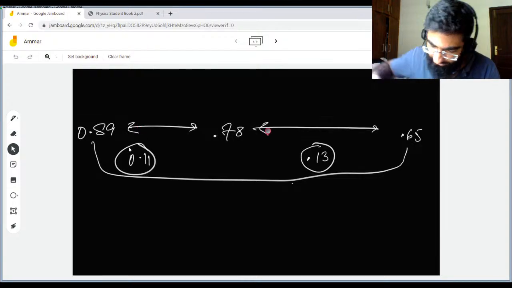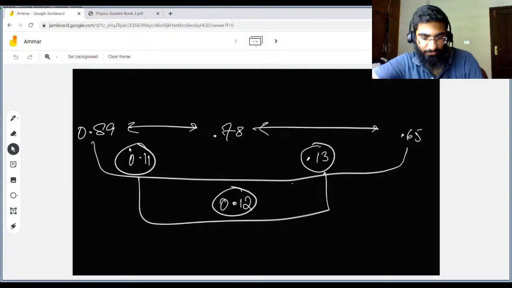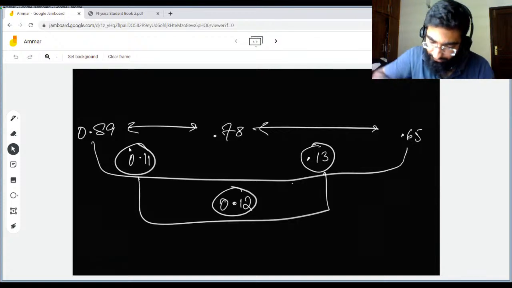And the average of the deviation is 0.12. 0.12 divided by 0.78 gives me 15.38%.